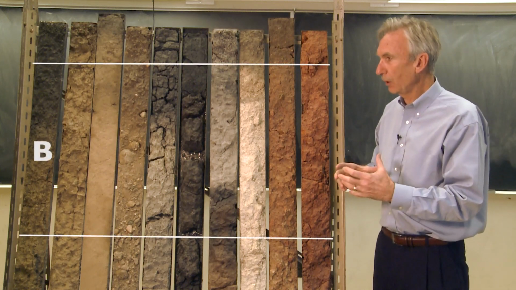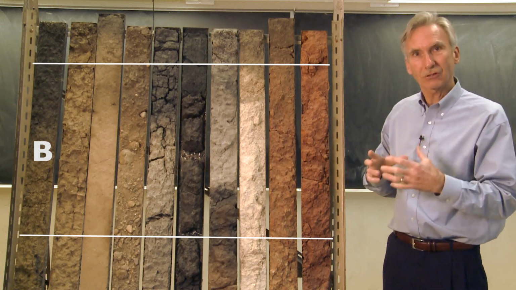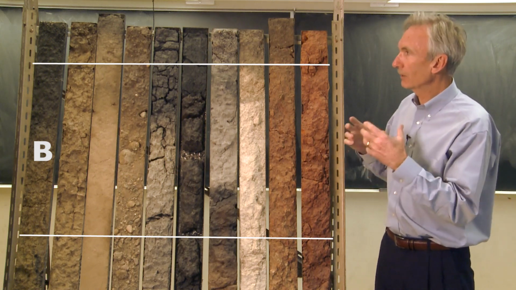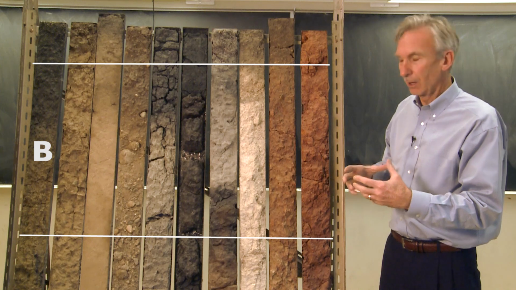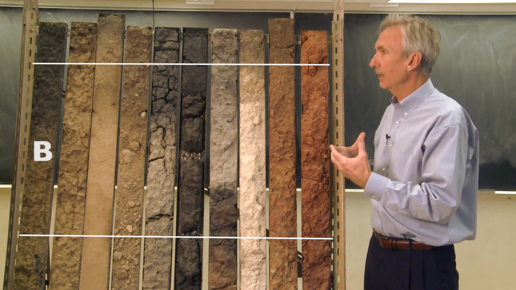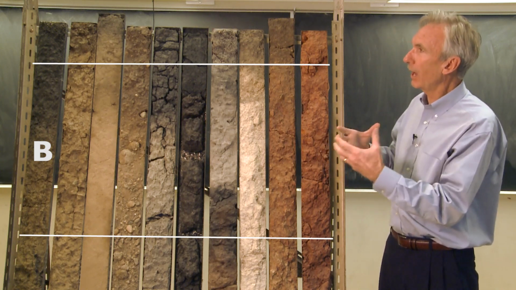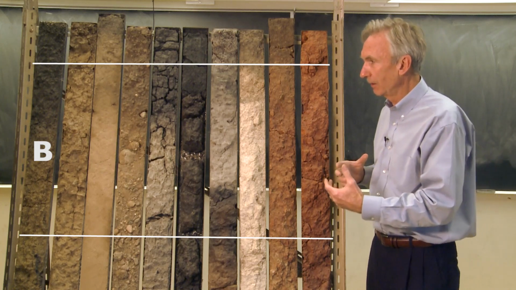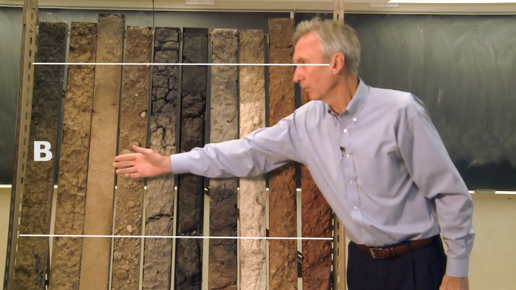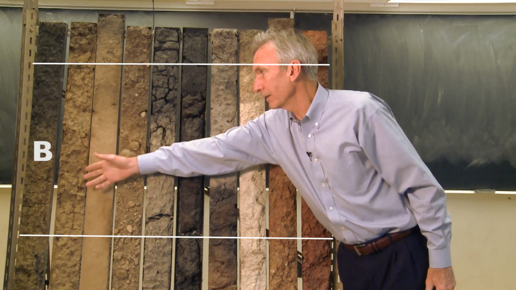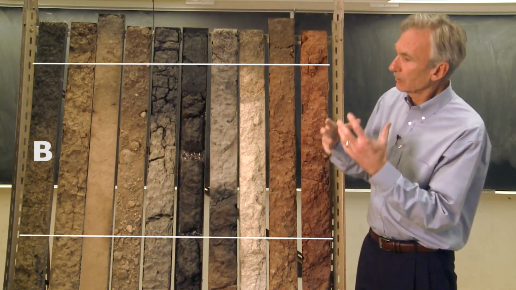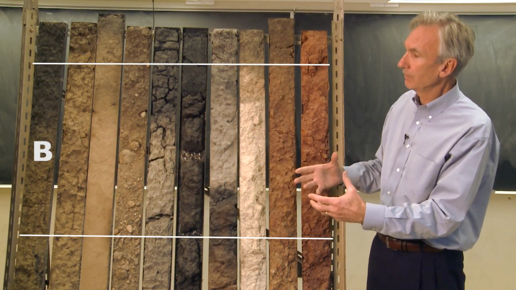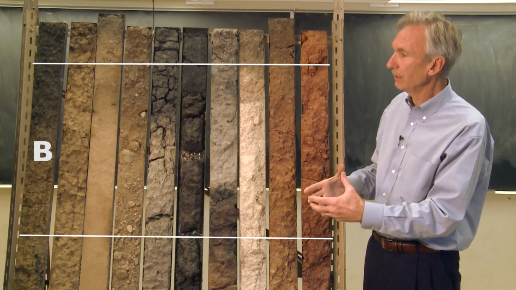A B horizon is called the subsoil. And the subsoil is where everything has accumulated. So as soils weather, things move out of the A horizon and accumulate down in the B horizon. So over here we have nice B horizons, and essentially the B horizon has a higher clay content.